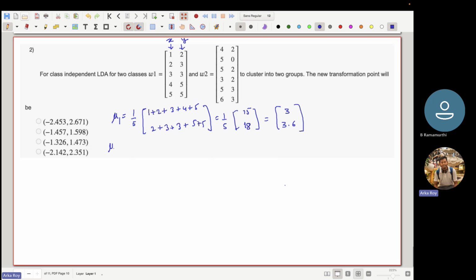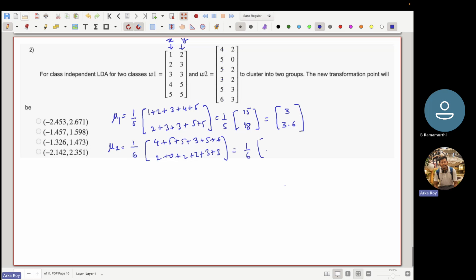So for mu2, we have 6 data points, so 1 upon 6, and then 4 plus 5 plus 5 plus 3 plus 5 plus 6, and then 2 plus 0 plus 2 plus 2 plus 3 plus 3.